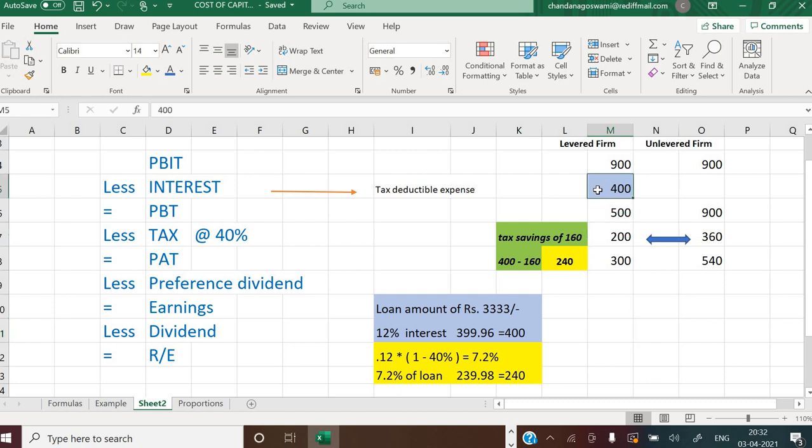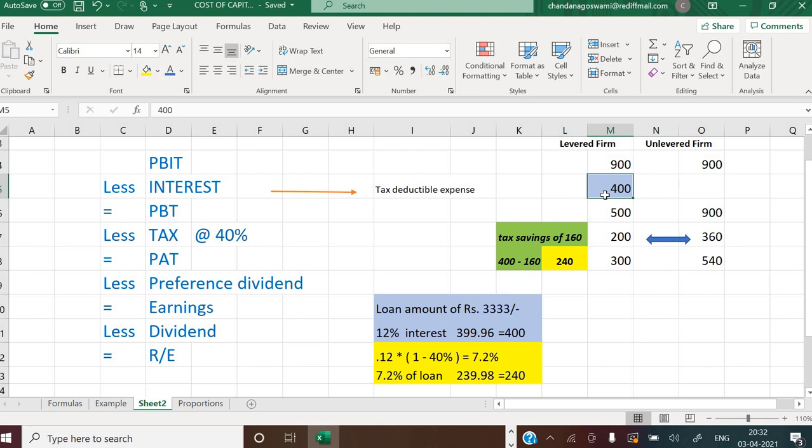But because the levered firm has borrowings, it has to pay off an interest. So this 400 that I have put out here, it has come from the assumption that there is a loan amount of rupees 3,333 carrying an interest rate of 12%. An interest rate of 12% works out to 399.96, which we have rounded off to 400. So that is how I have written this 400 out here.